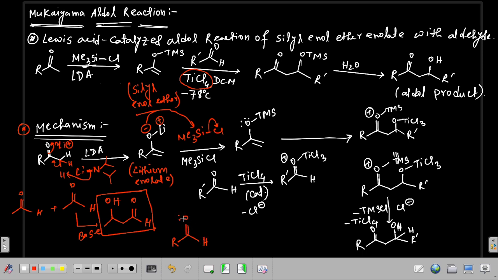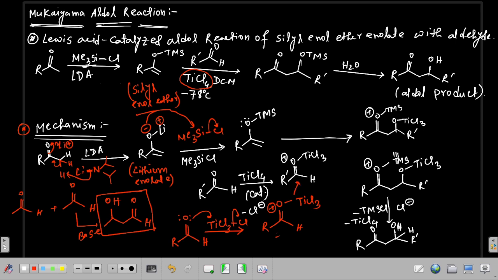It will react with this Lewis acid, TiCl4, titanium tetrachloride. The lone pair will attack the titanium, leading to the removal of chloride, and to the formation of this cationic species.